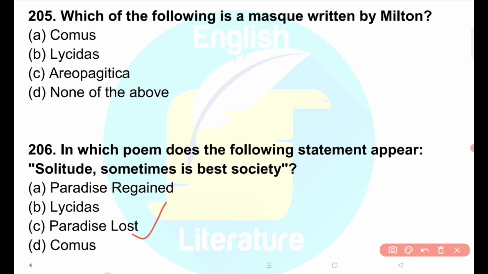This line appears in Paradise Lost, Book 9, spoken by Eve before she is tempted by Satan. The phrase reflects the theme of isolation and foreshadows the fall of man. It suggests sometimes being alone is better than bad company or temptation.